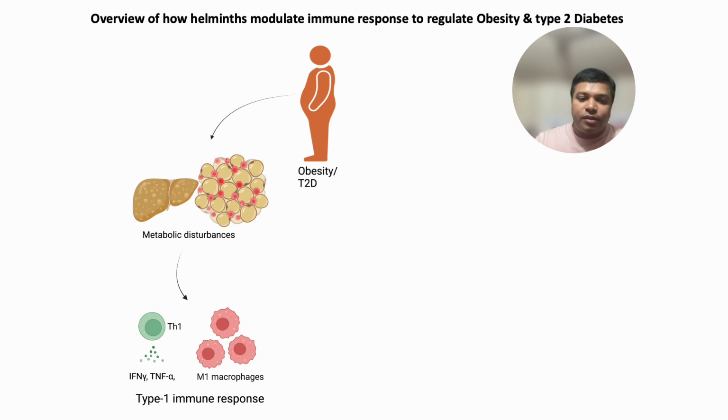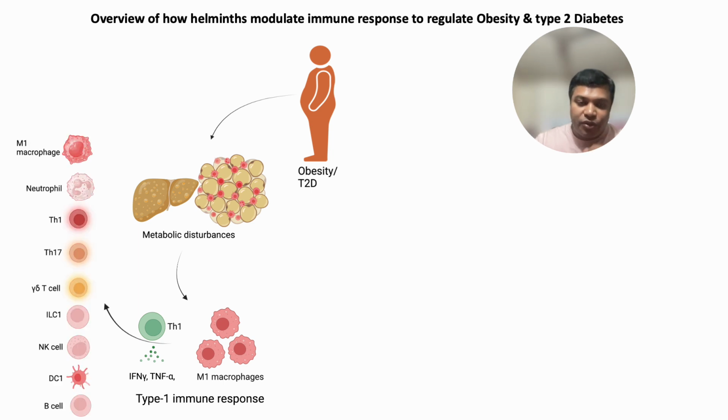The other cells associated are neutrophils, type 17 helper T cells, gamma delta T cells, innate lymphoid cells type 1, NK cells or natural killer cells, dendritic cells type 1, and also B cells.